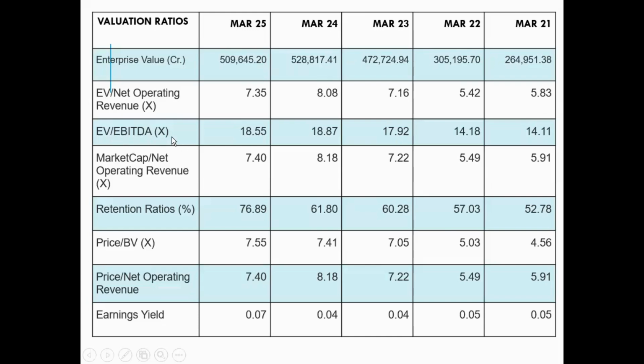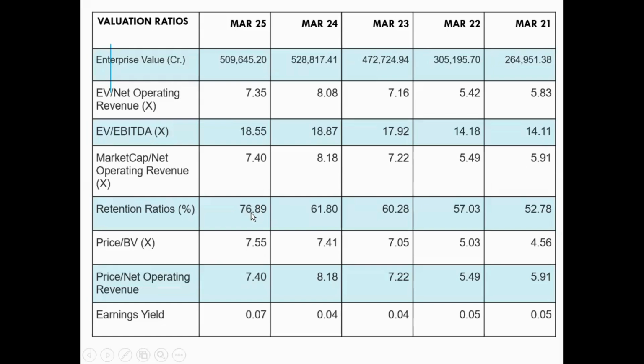EV by EBITDA is 18.55, 18.87, 17.92, 14.18, 14.18, and 14.11. Market cap by net operating revenue is 7.40, 8.18, 7.22, 5.86, and 5.81.